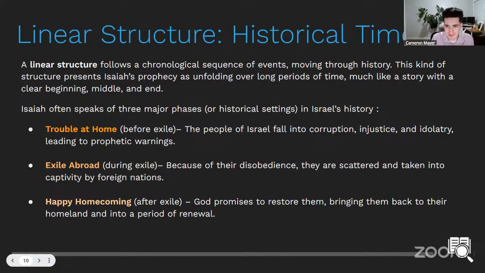There's exile abroad: Simba's away, living with Timon and Pumbaa in a kind of scattered condition. He's not in the right place; he's been driven into the wilderness. Then there's a happy homecoming where everything comes back together and is restored to the way it's supposed to be. When you start thinking in those terms, you'll be able to pick up on this in all sorts of stories, movies, and shows that you watch.